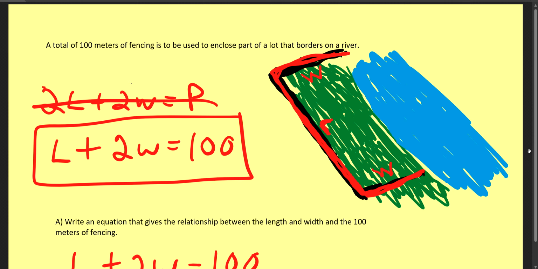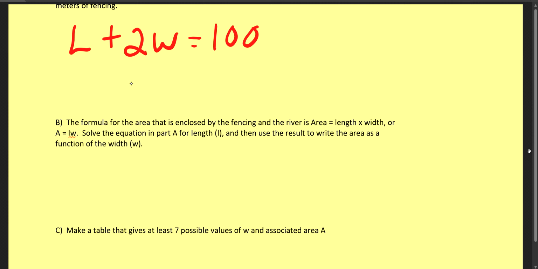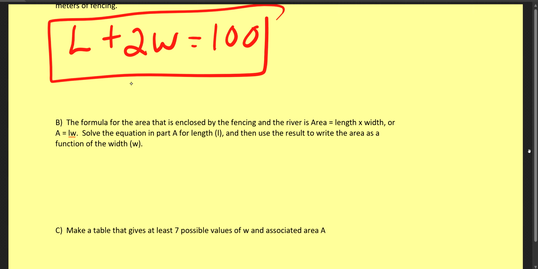For part B, the area that is enclosed by the fencing and the river is area equals length times width, or A equals L times W. That measures the area, whereas previously we were talking about the perimeter.